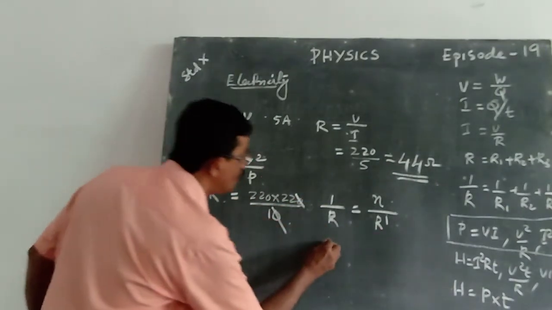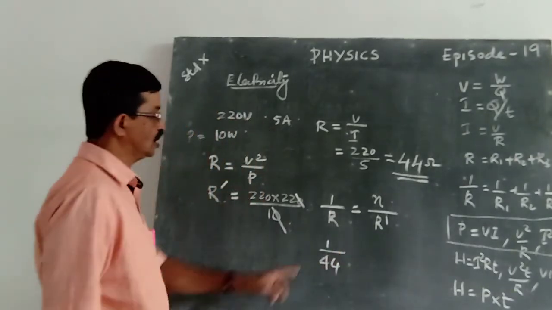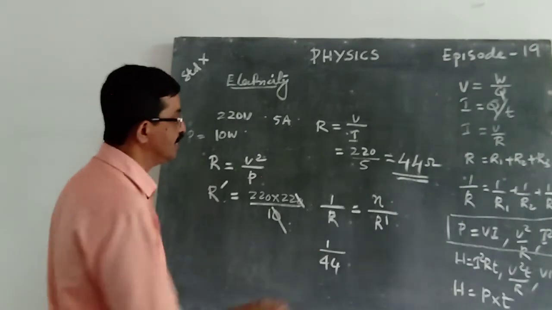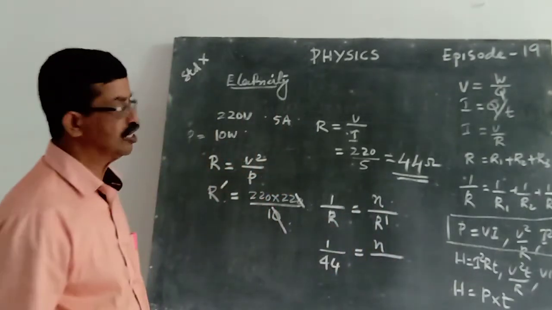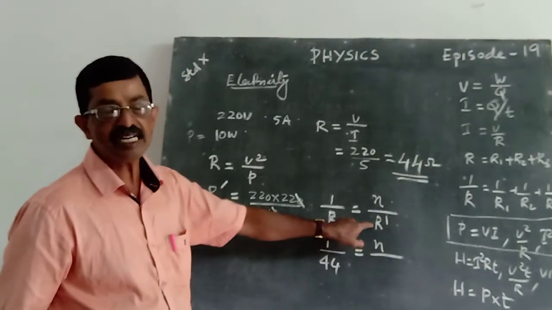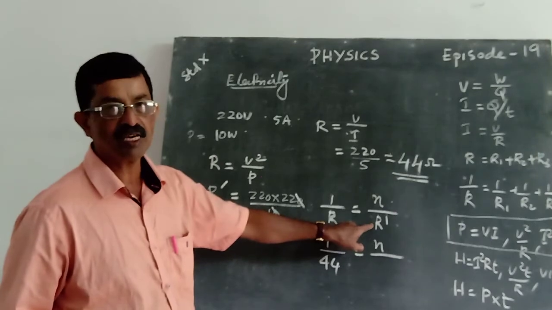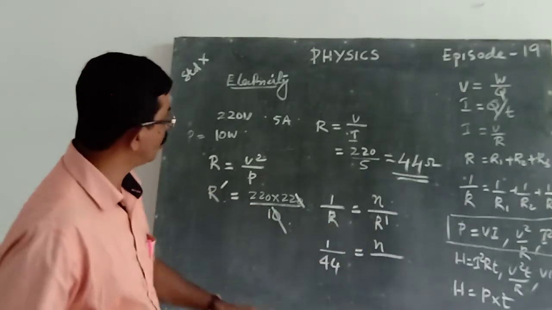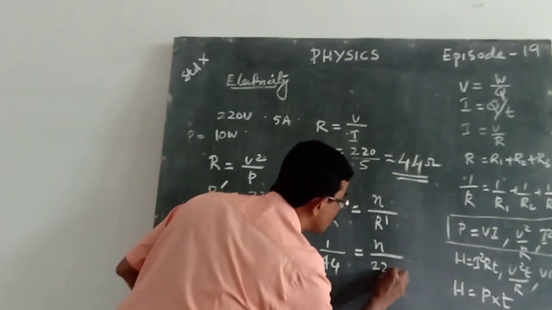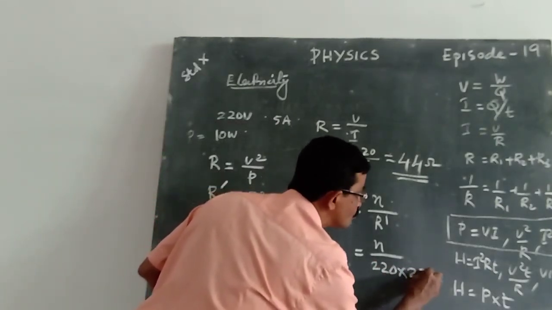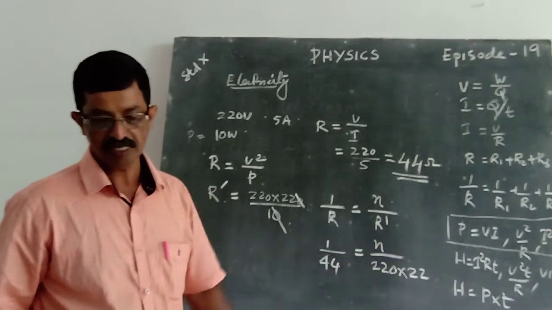That is 1 by R, where the effective resistance R is given as 44. That is equal to N by R dash, where N is the number of 10 watt bulbs we are going to connect, and R dash is the resistance of one such bulb. R dash here we got as 220 into 22.